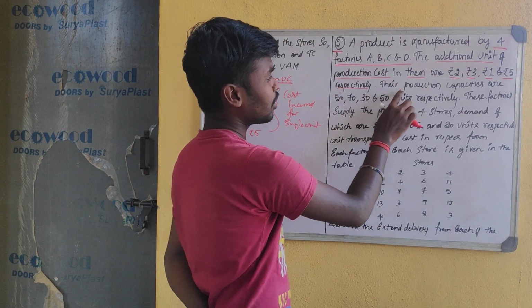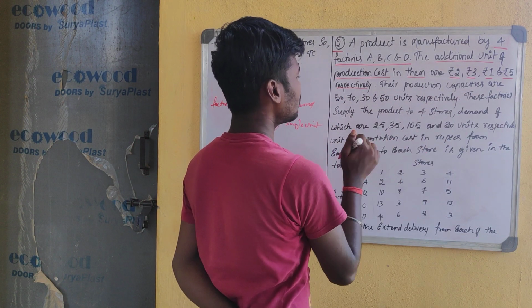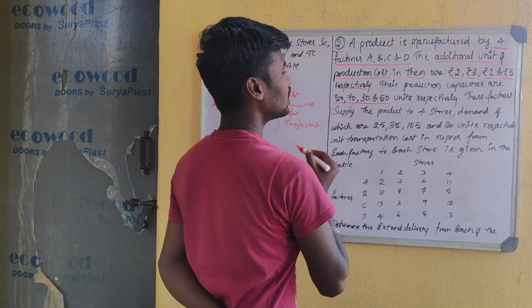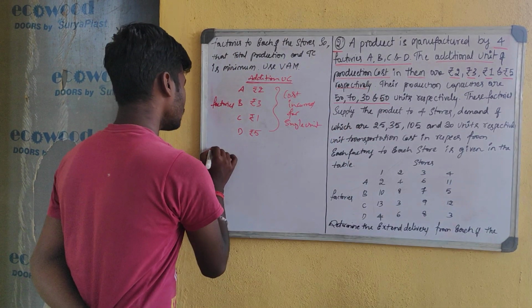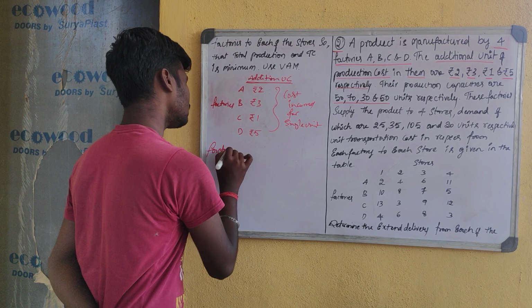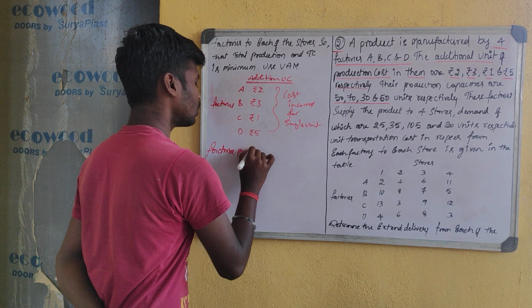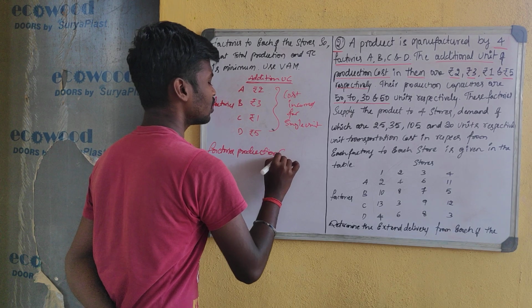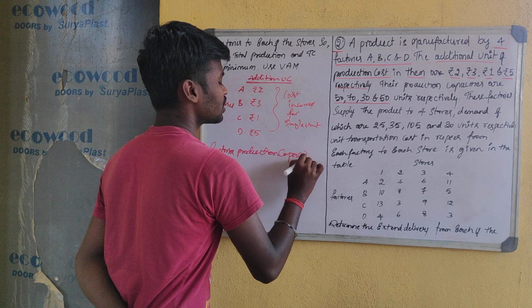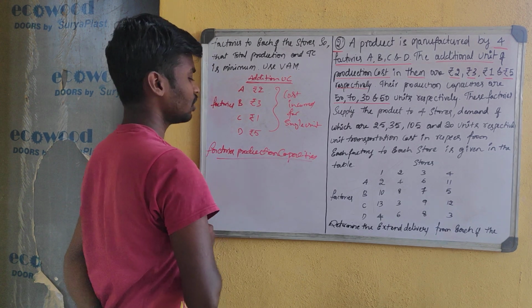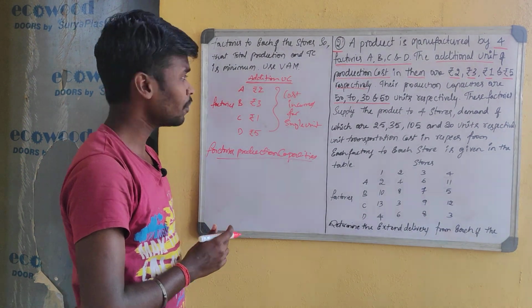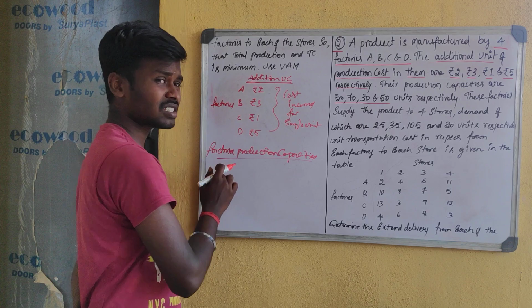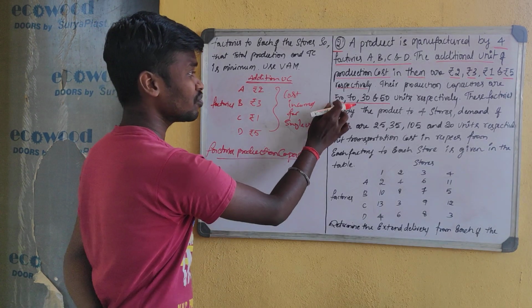Next, see the information. Their production capacities are 50, 70, 30 and 50. What are the production capacities? This means these 4 factories are going to supply this much.